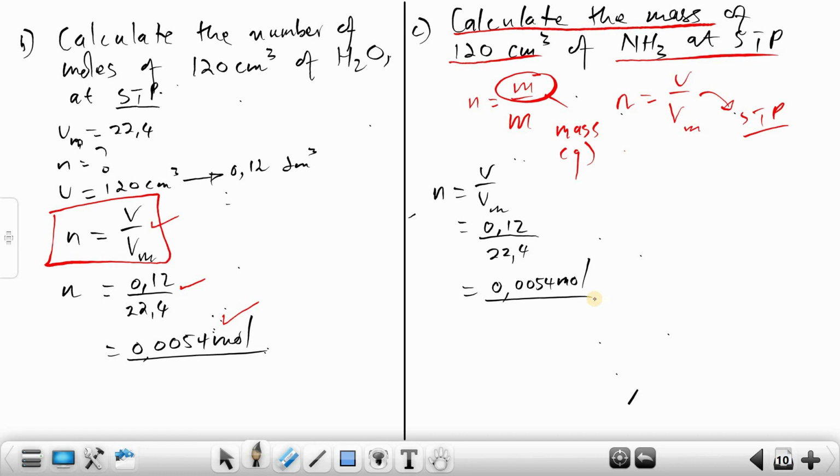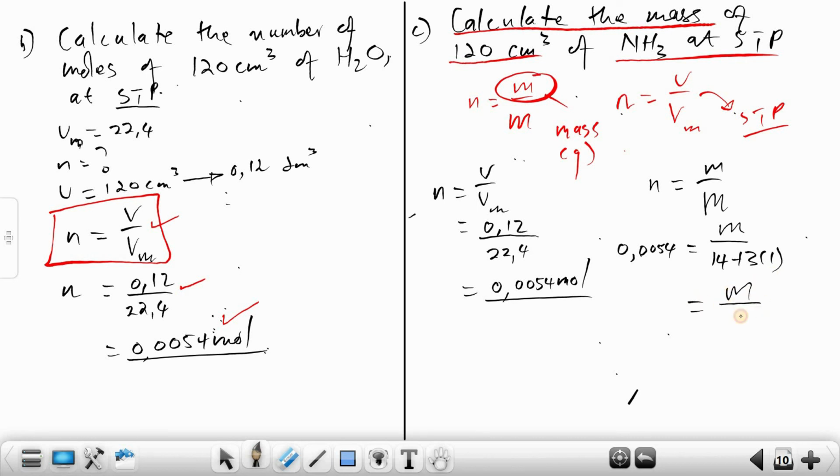Then once I have that, I can easily say n is equal to m over the molar mass, which will be 0.0054. I want the mass, and now I need to calculate the molar mass of NH3. So that is just 14 plus 3 multiplied by 1.